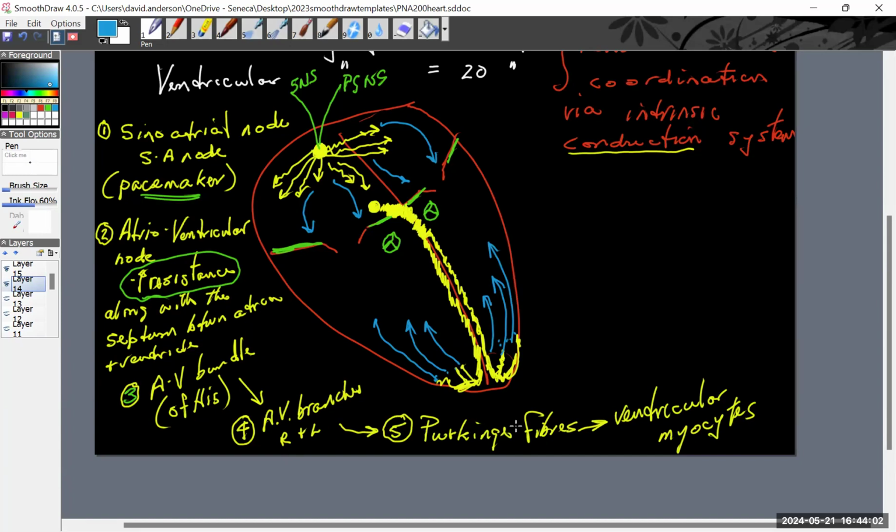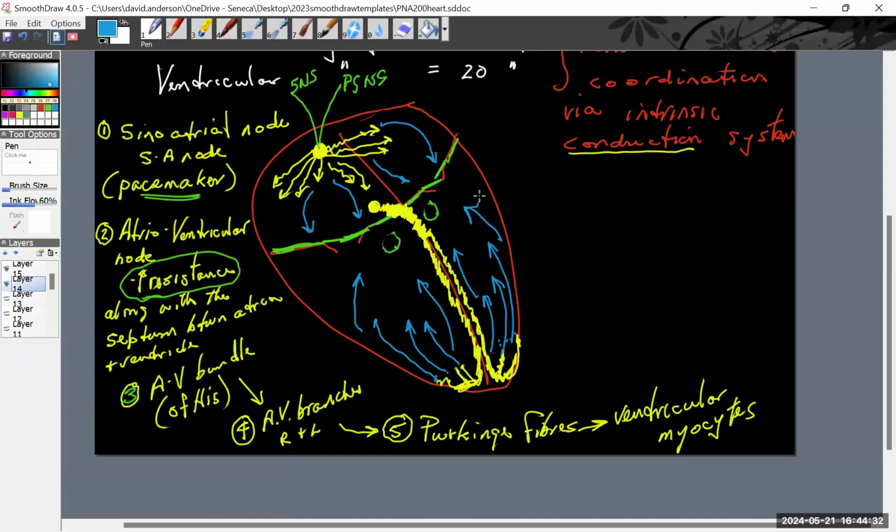Now, as the ventricles contract, they're going to force these valves to close and these valves to open. So the wave of contraction is going to create one-way flow towards the valve.